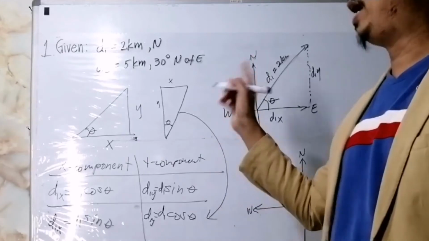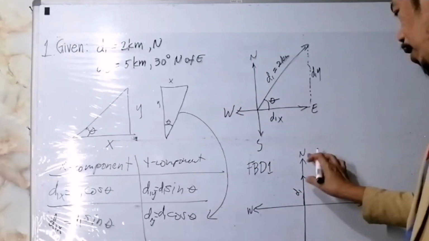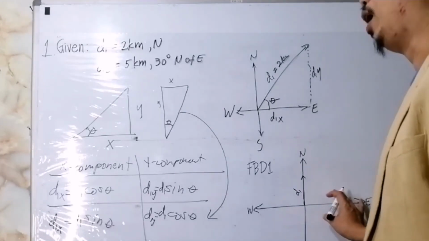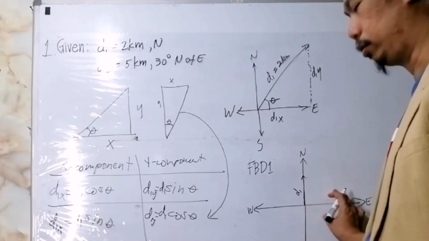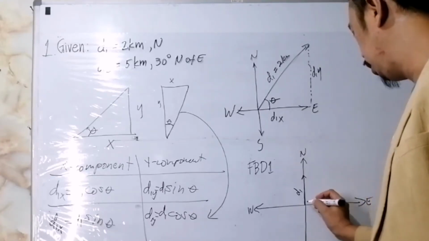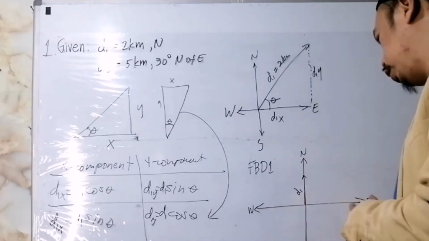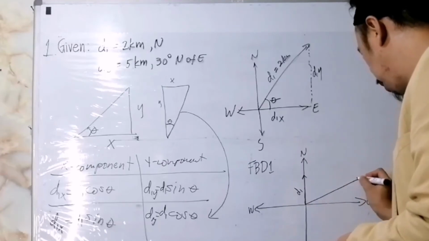Then 5 kilometers north of east. So we have the north and then the east. North of east means the d sub 2 is going north. For 30 degrees, half of this is 45, so it should be closer to the east. That's why we'll have it this way.